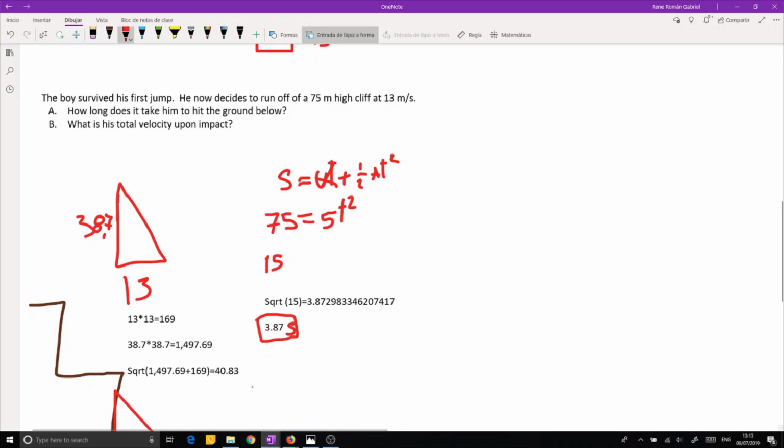So now it is negative 40.83 meters per second, and negative because we said it was velocity. So that would be for the total velocity upon impact.